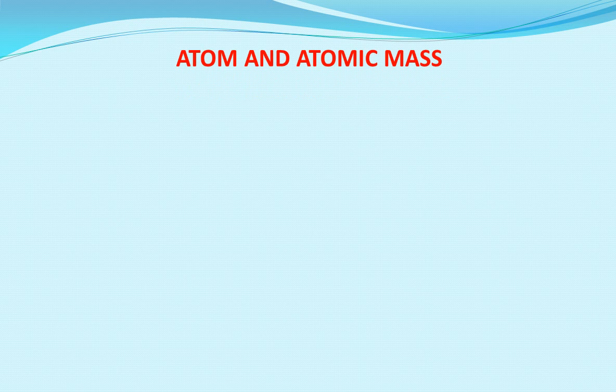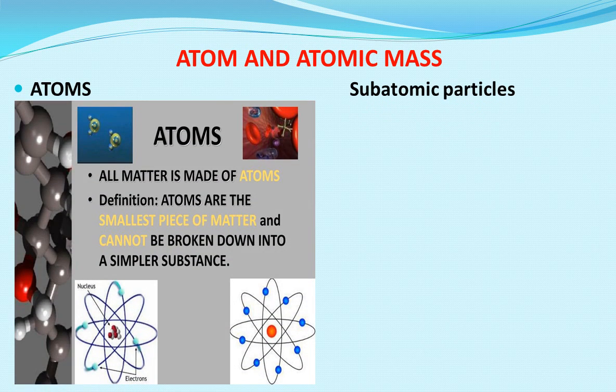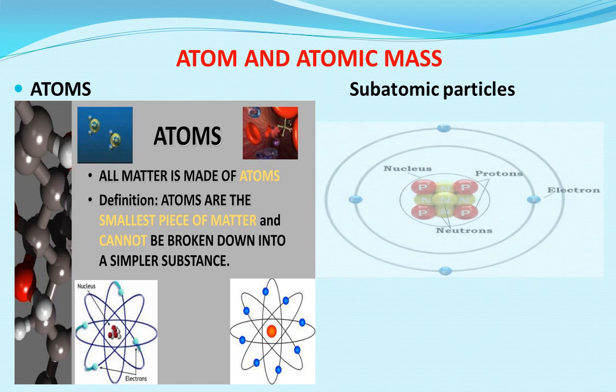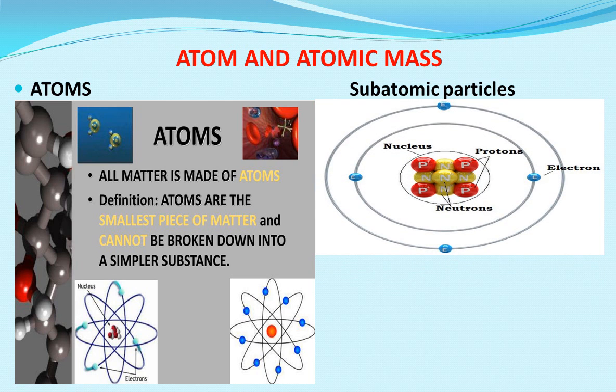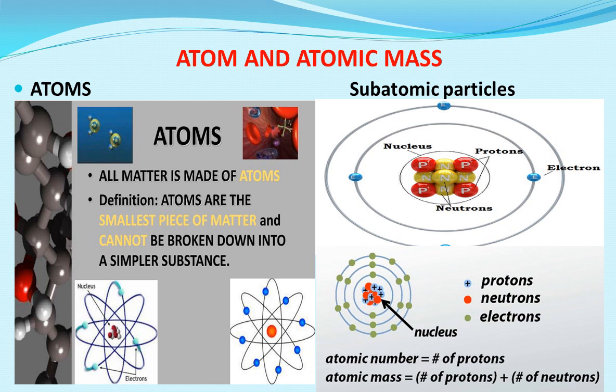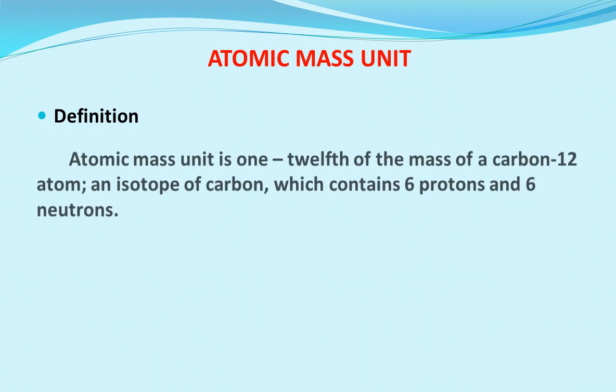Atom and atomic mass. Here you see the picture of the atom and subatomic particles. The atom and subatomic particles you already learned in the previous class. From the earlier class itself you know what the subatomic particles are and how to define an atom. Atomic mass unit, AMU. What is the definition of atomic mass unit?